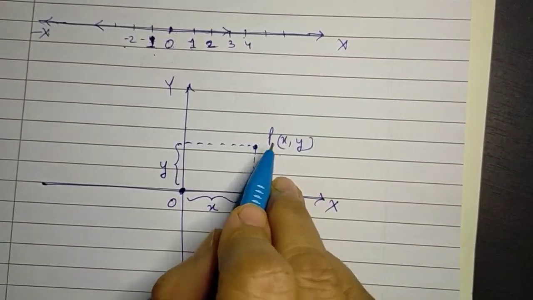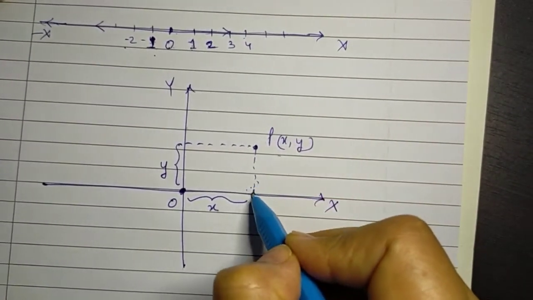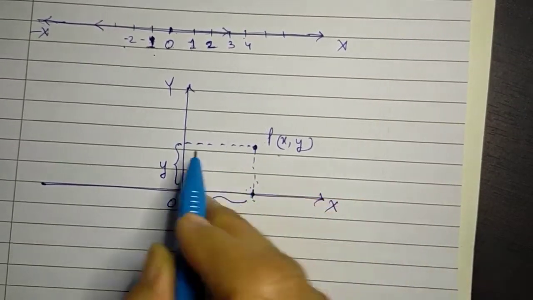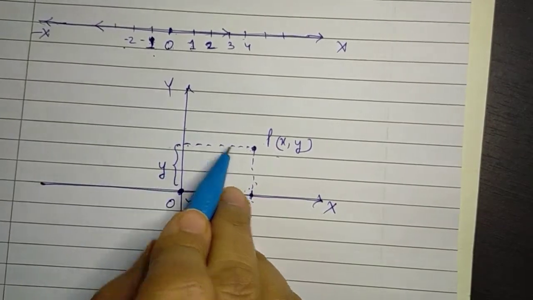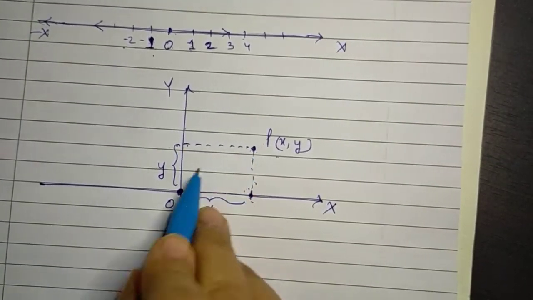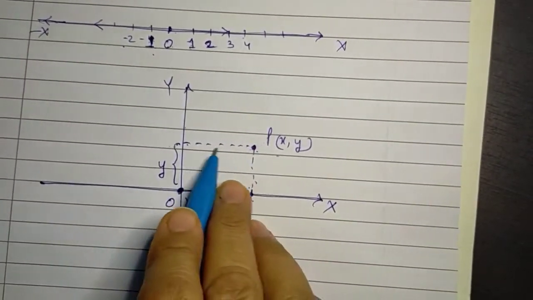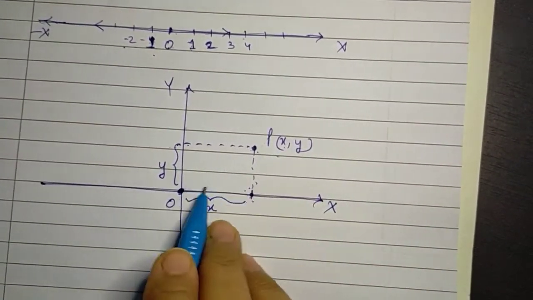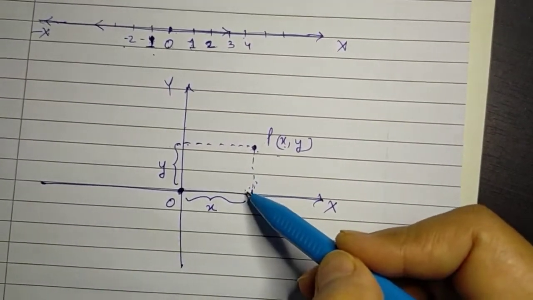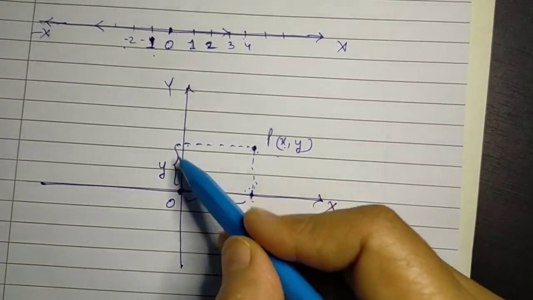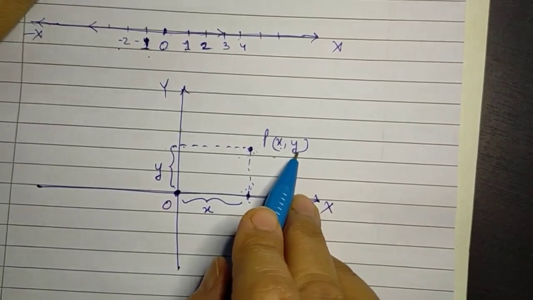So the position of P is clearly known if we know its distance above the x-axis and on the right of the y-axis. This portion along a direction parallel to the x-axis is called the x-coordinate, whereas the distance which we have to cover above the x-axis, means parallel to the y-axis, is called the y coordinate.